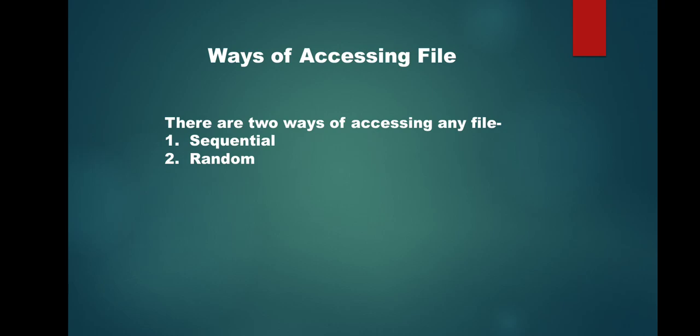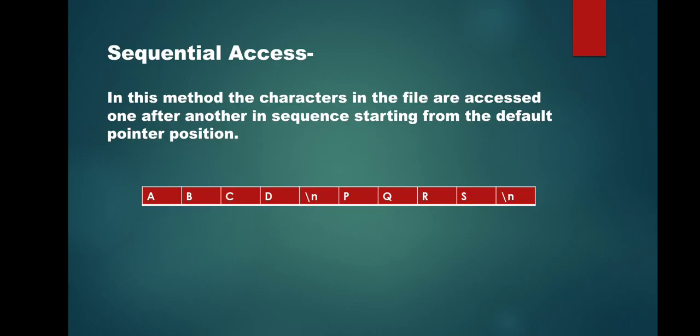Now let us talk about the various ways in which you can access data files. There are two ways of accessing a data file. One is the sequential manner and another is the random manner. Let us talk about each of them in detail. Sequential way of accessing the file. What does sequential access mean?